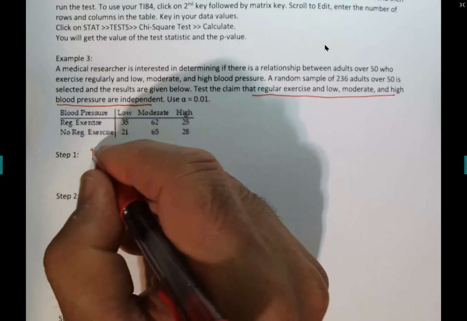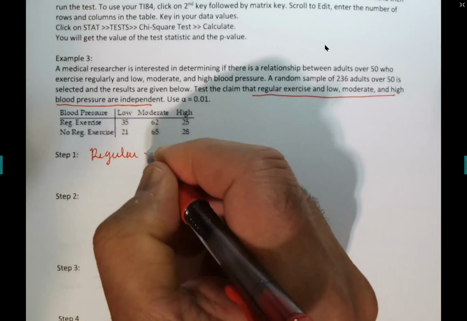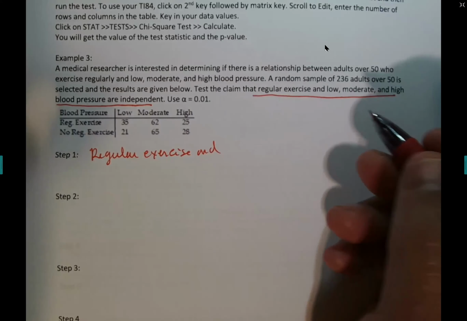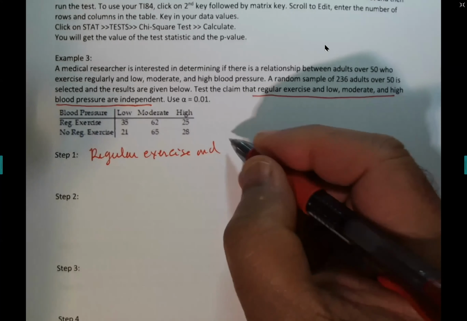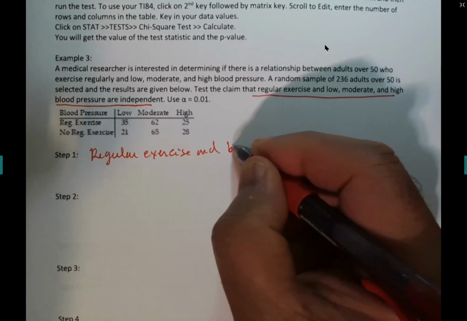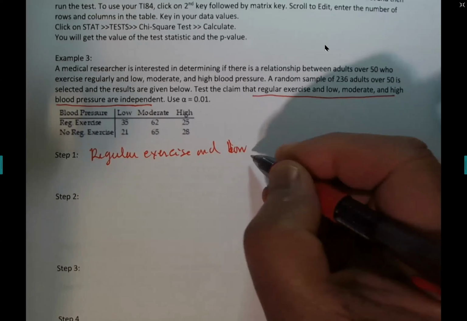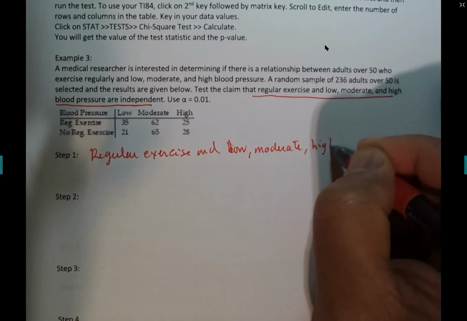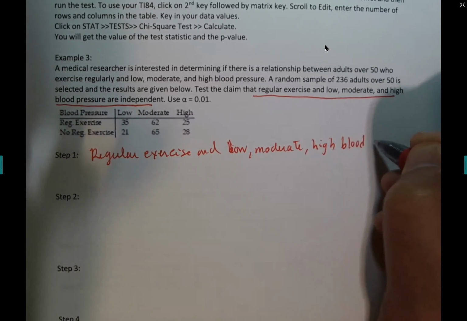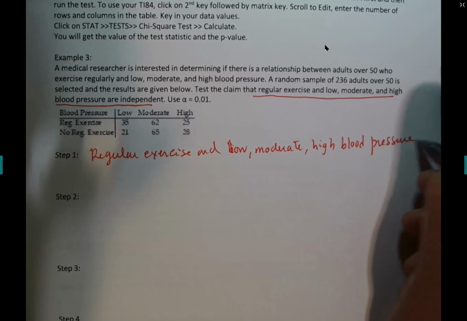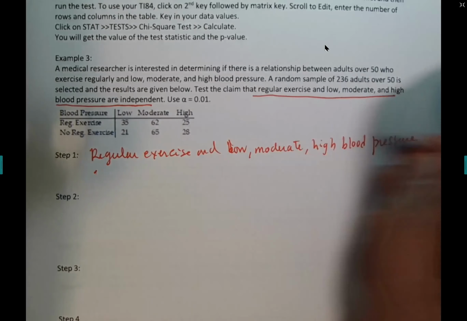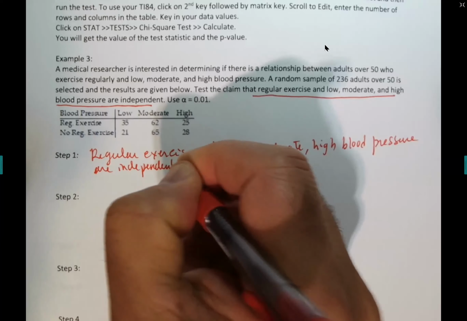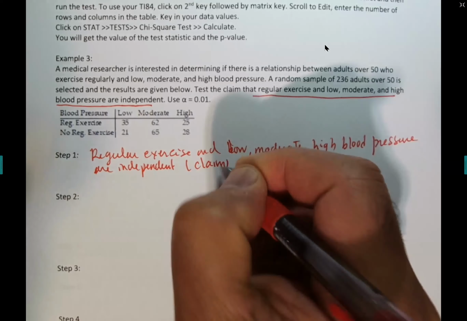Regular exercise and blood pressure, and low, moderate, high blood pressure are independent. And that's the claim. H0.